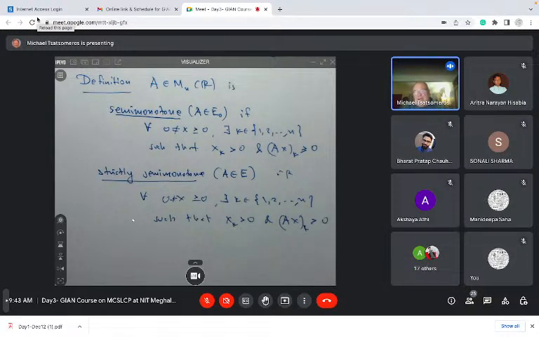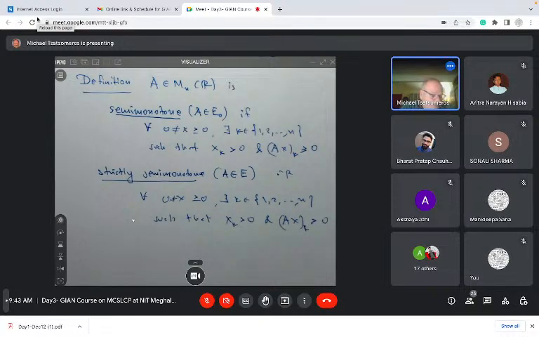It's mostly a generalization of P matrices in terms of the reversal of sign. That's why it contains the P matrices, right? And there's also this notion of P0 matrices, which we didn't mention, that allows for the minimum to be 0. But we don't need to go to that right now.